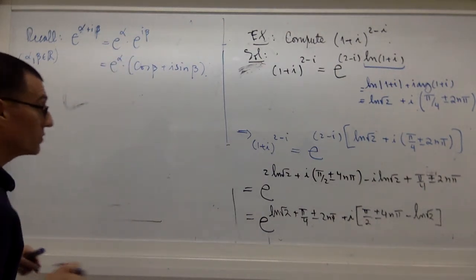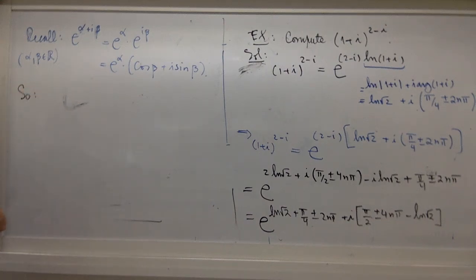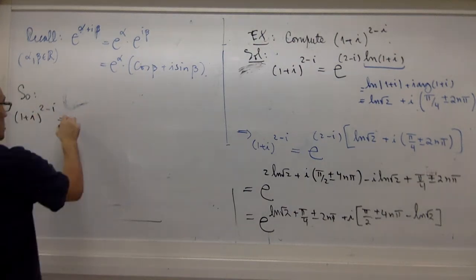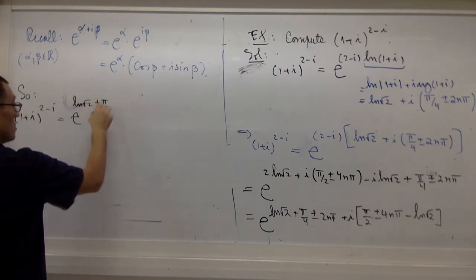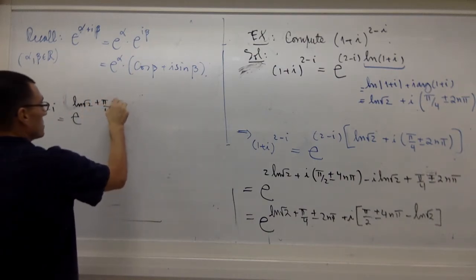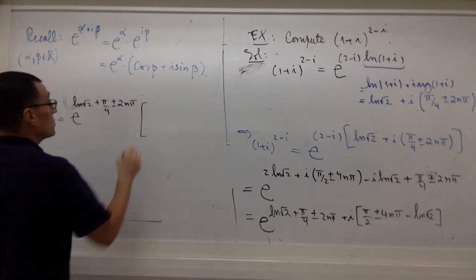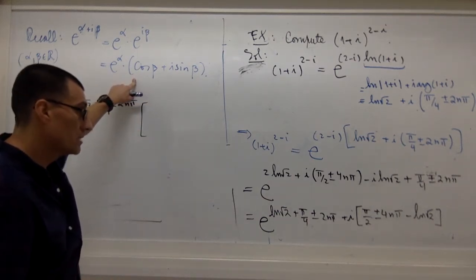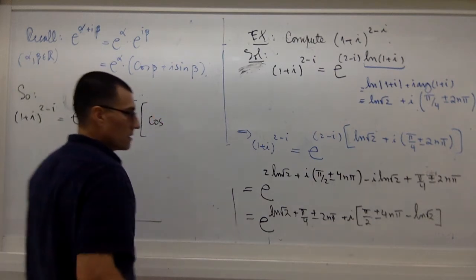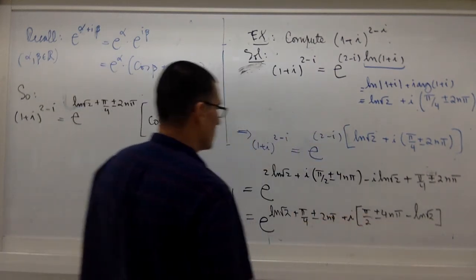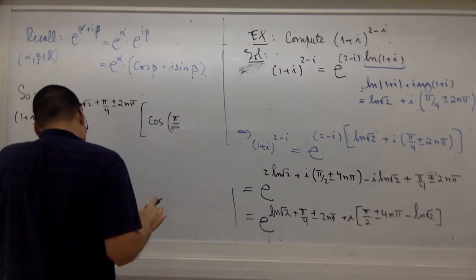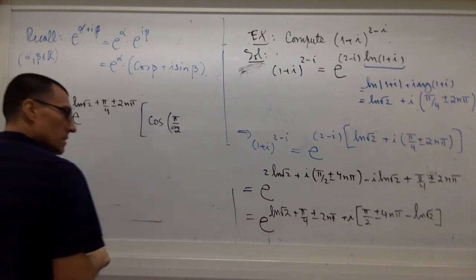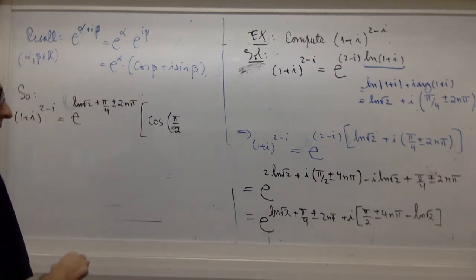That's what we're going to do. So we get that (1 plus i) power (2 minus i) is the exponential of ln square root of 2 plus pi over 4 plus or minus 2n pi, and then you utilize the polar part here. It's going to be the cosine of the imaginary part, so pi over 2, pi over 2 plus or minus 4n pi.